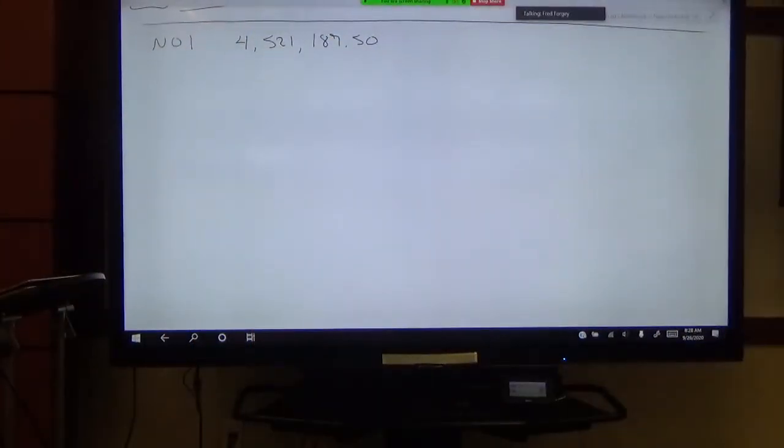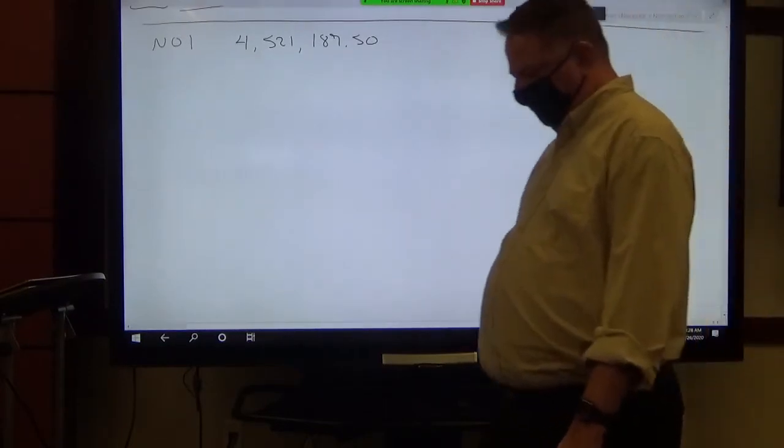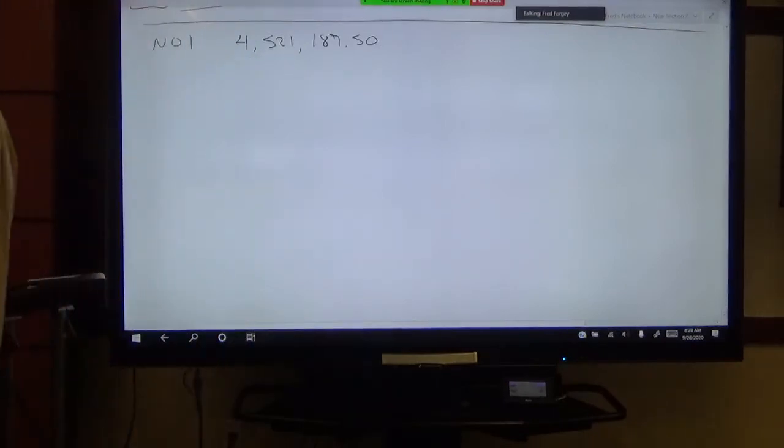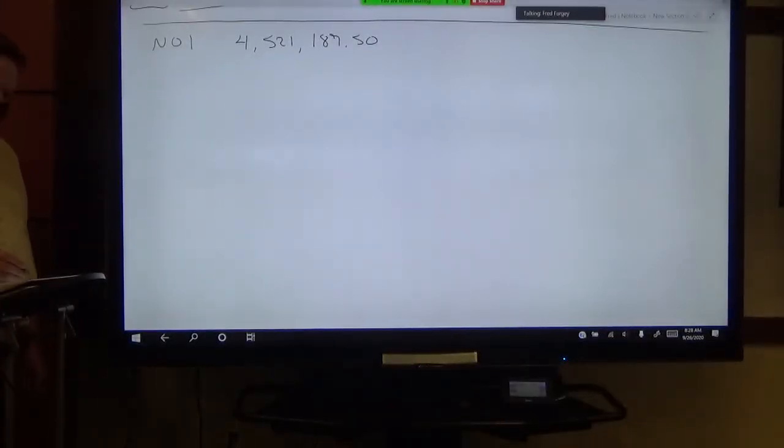Now, one of the other basic ways that the lender is going to look at evaluating the loan is taking a look at the income the property generates and the cap rate. So let's say we have a cap rate of 6%.